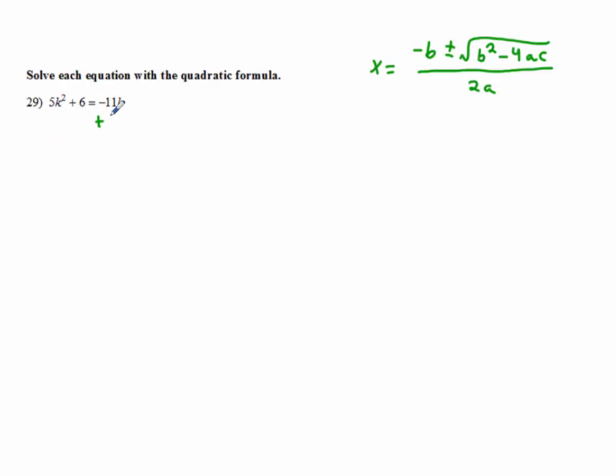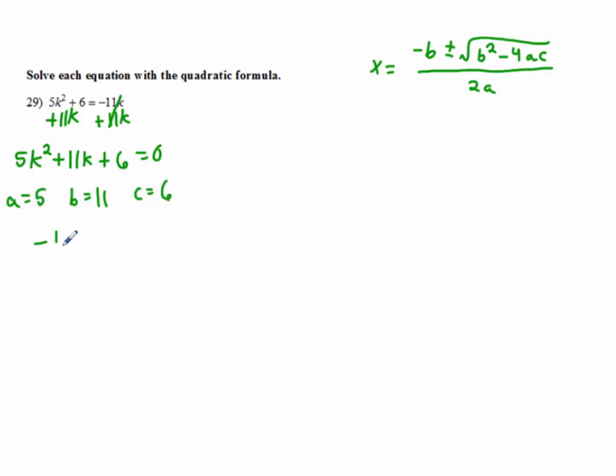I need to get everything on one side, so I'm going to add 11k over to the left side and write it in standard form, which means the 11k goes in the middle. And only once I have it written like this can I say a is 5, b is 11, and c is 6. If you leave the 11k over on the right side, you're probably not going to do this right. Yeah, you're going to have a bad time.